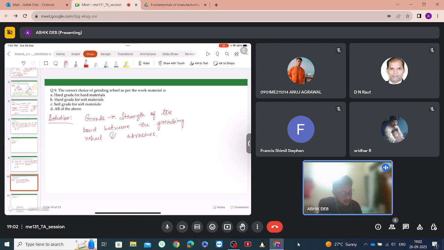See, what happens is that, let us first go for hard materials. So for hard materials, abrasives wear out easily. So when abrasives wear out, they should be removed. Otherwise, the entire grinding wheel will become blunt.